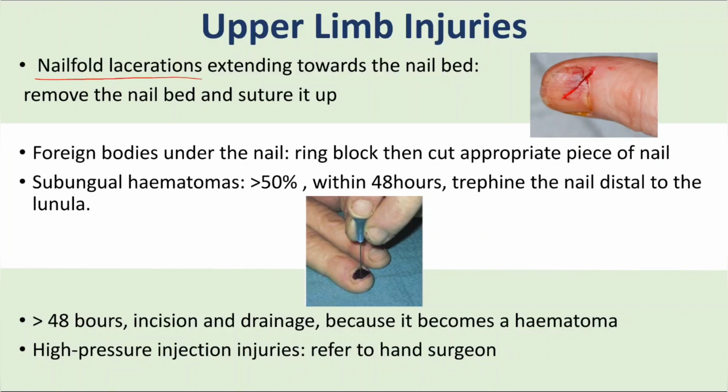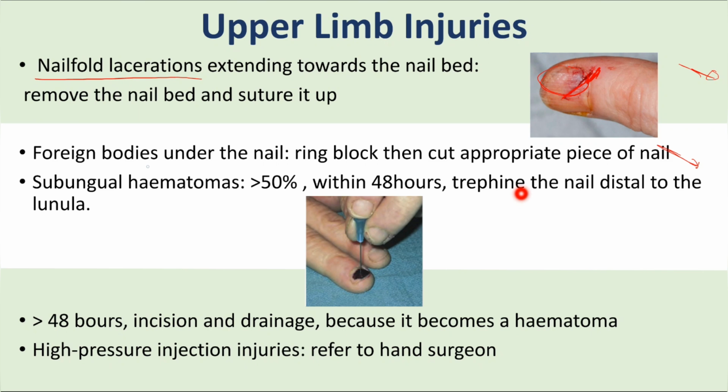If the nail fold laceration extends toward the nail bed, you have to give good pain management, give a ring block to the patient. So you give anesthesia on both sides of the finger, and then you remove that nail bed and suture it up.